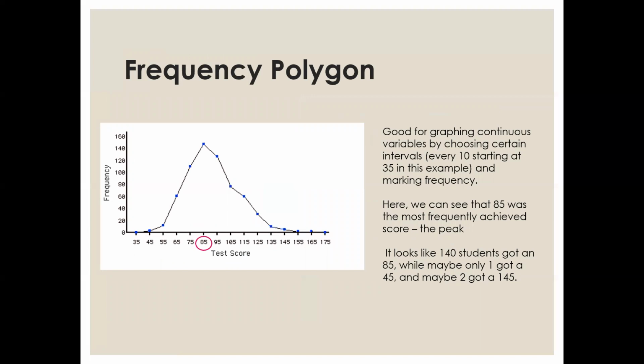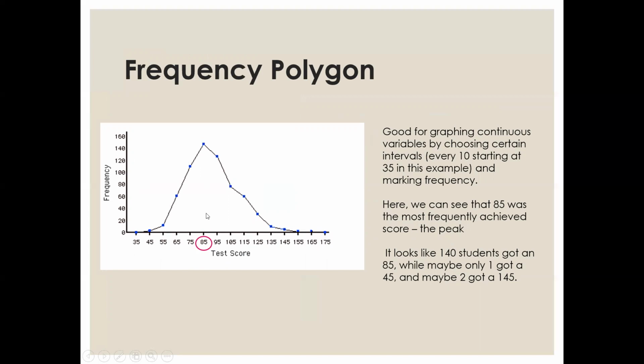And another way is a frequency polygon. And it plots all of the different scores of the students. And you can see here that the peak, or the highest number of students, scored 85, right?